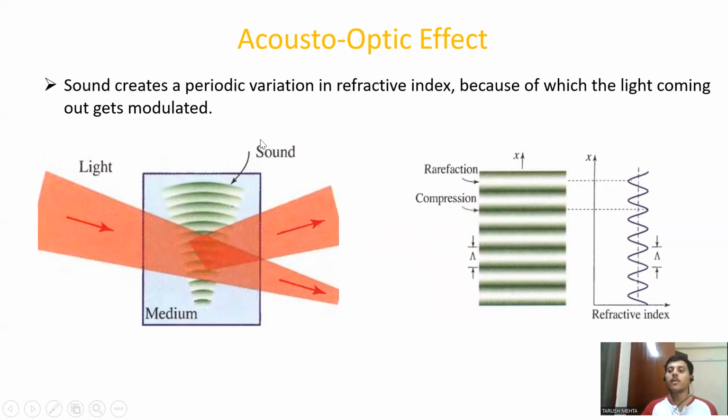Sound is a mechanical wave and it can create some kind of pressure on the medium, because of which the refractive index of the medium can change. So whenever the light is striking, because of this modulation of refractive index, the light is split out.